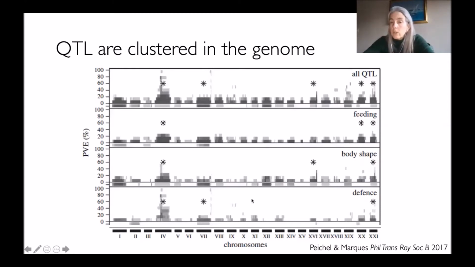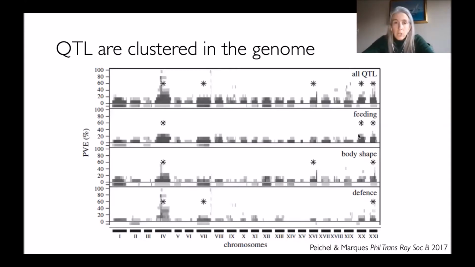The cluster on 16 is associated with shape traits, and the cluster on 20 is associated with feeding traits. So there's a breakdown there. Okay, so this suggests, yes, there is some clustering of traits, and so maybe co-inheritance of traits might facilitate adaptation.